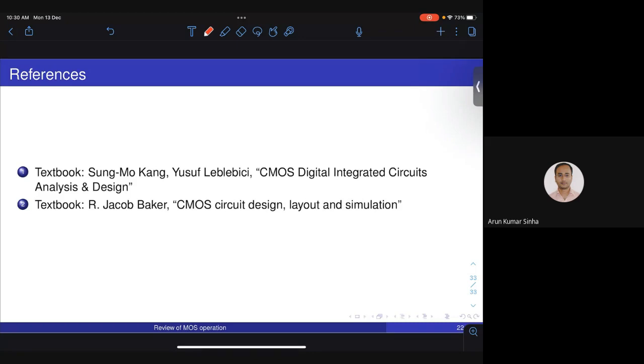I think you should read that. The authors are Sung-Mo Kang and Yusuf Leblebici. It's a commonly available book. The second one is also quite a popular book for analog design, by Jacob Baker, CMOS Circuit Design, Layout and Simulation. This comes in 2 parts, and we'll mostly be referring to part 1. Part 2, I think, is mixed signal design or something like that.